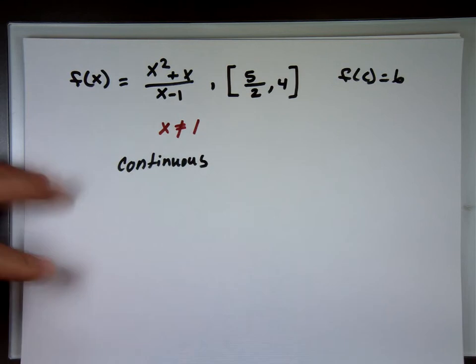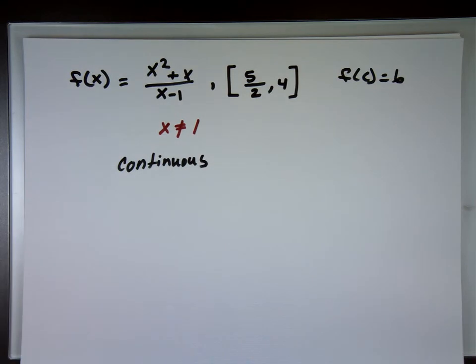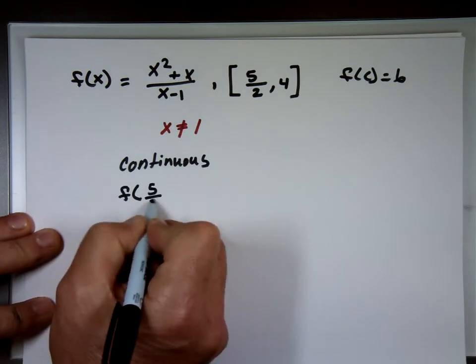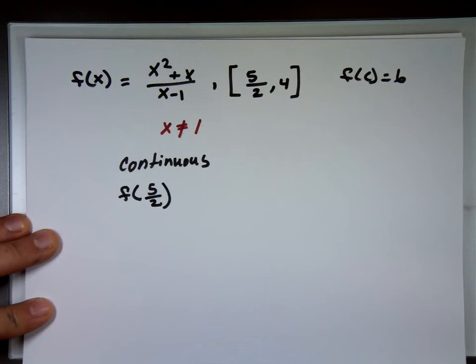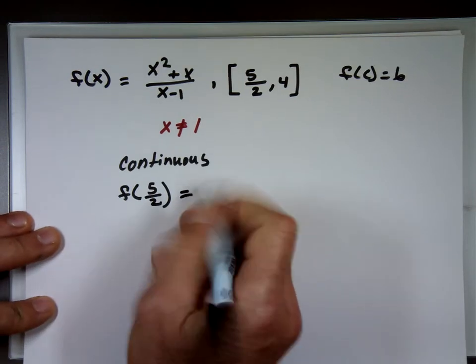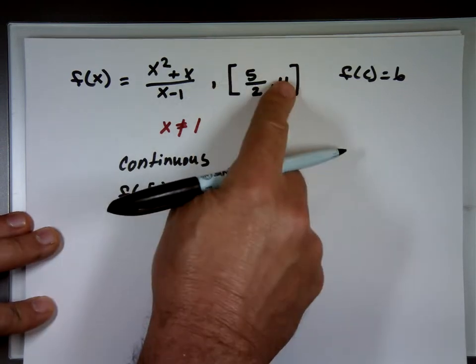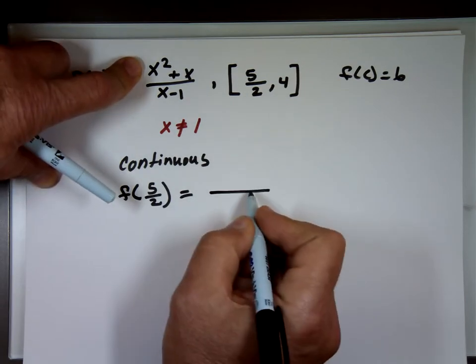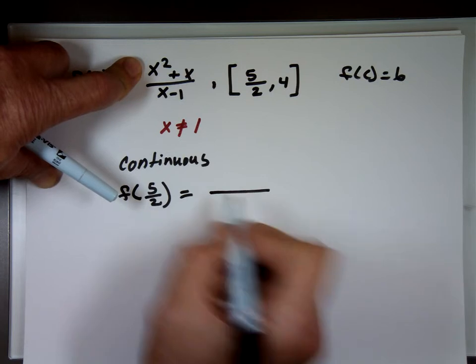I have no idea what the graph looks like, and I could care less for it. Let's see. Do we know what f of 5 over 2 is? Plug it in, because I have to make sure the values of the function here and there are not equal. If you take 5 over 2 and square it, that's 6.25, I think.